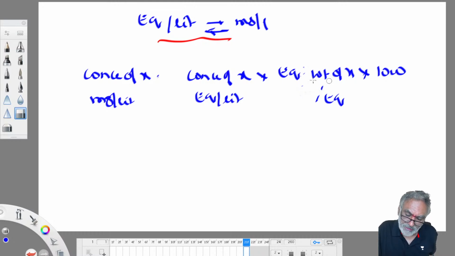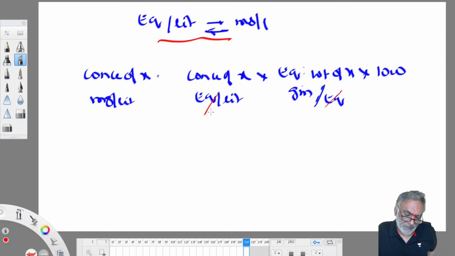Milligram per liter as CaCO3 you have to express, therefore you should be careful. It is gram per equivalent. So equivalents get cancelled.